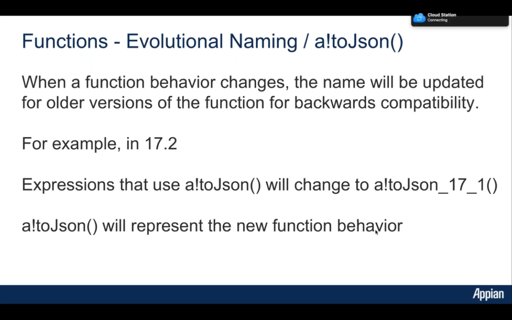That simply means that that's going to be the function reference for the backwards compatibility of how you're currently using it. If you use the toJSON function today, there's a subtle change around how we convert dates, which is different from how it applied in 17.1. So it allows you to still adopt the toJSON function while maintaining full backwards compatibility of all of your existing designs.